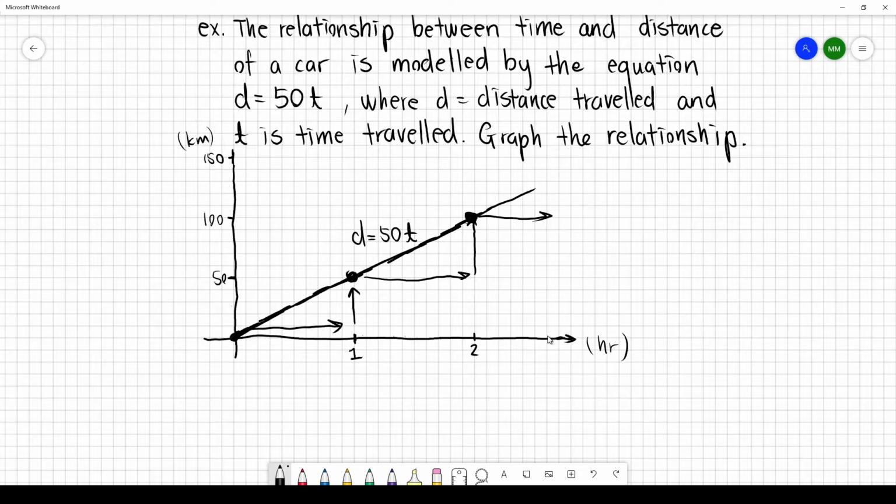Now, when you draw the graph, make sure to label increments. So my 2 increments here are different. So especially when they're different, then you must label them.